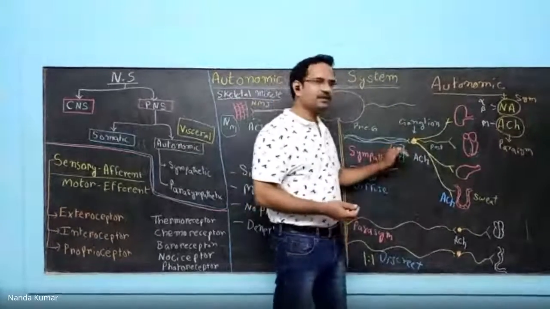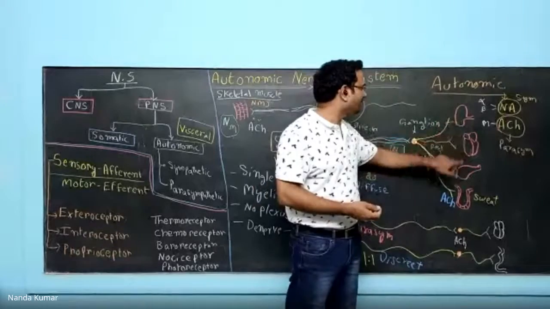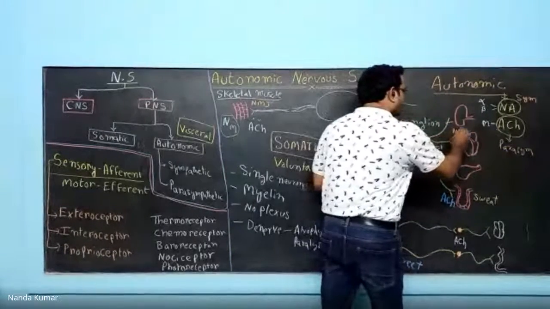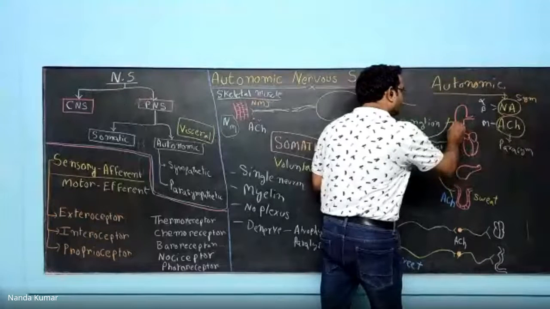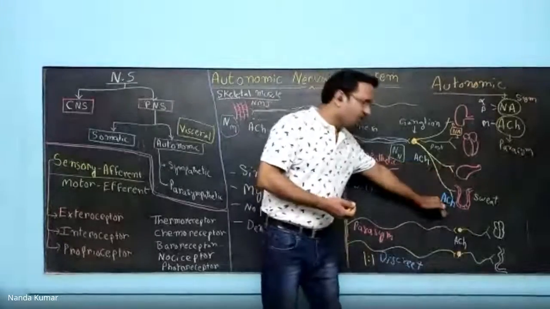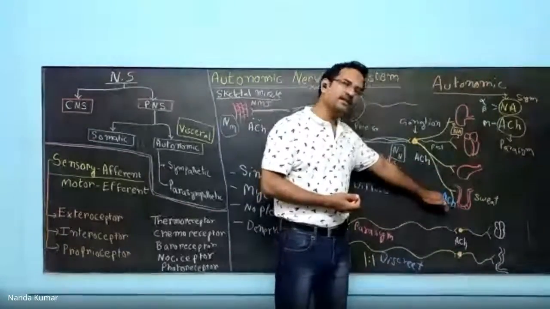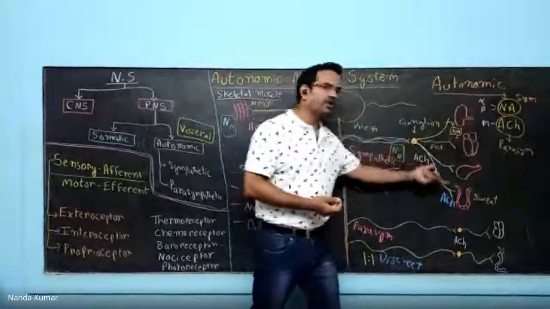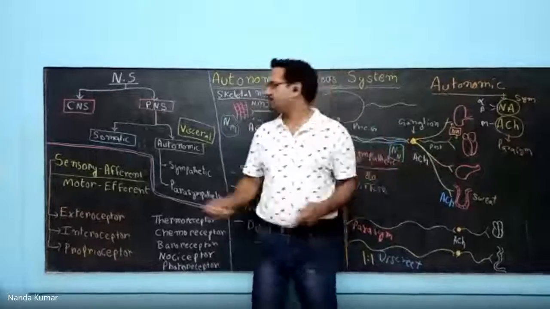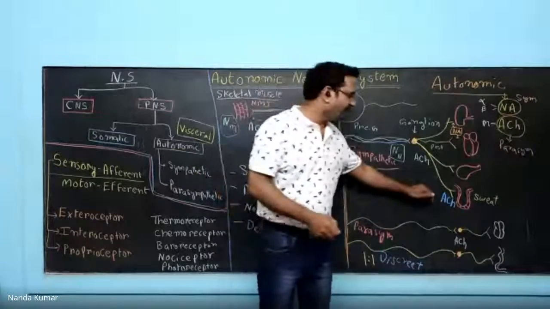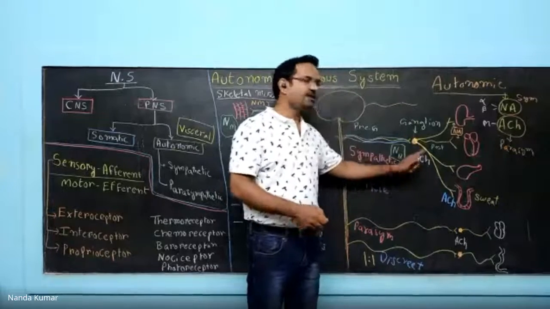For all the other sympathetic nervous system, the neurotransmitter is noradrenaline. Whereas in the case of sweat glands, the neurotransmitter is acetylcholine. Though the neurotransmitter at the postganglionic is acetylcholine, still it is considered sympathetic because of anatomy. That is why the classification is based on anatomy, not on neurotransmitter. In fact, these are known as sympathetic cholinergic.